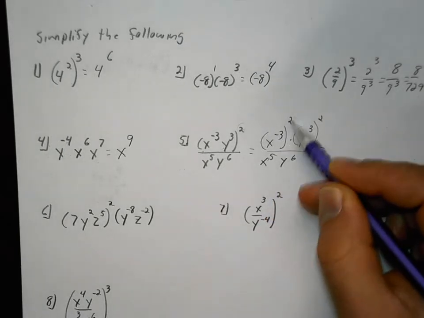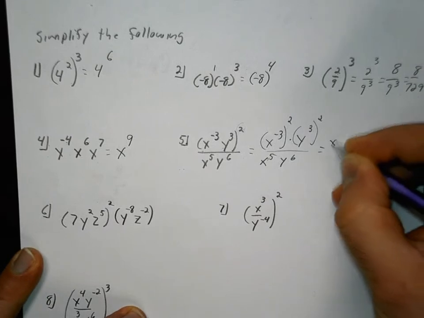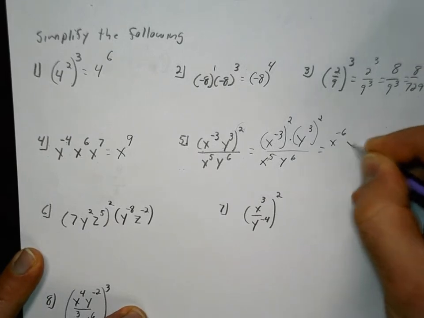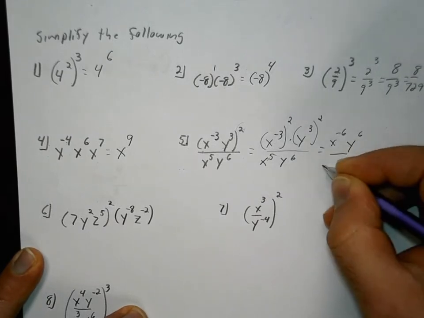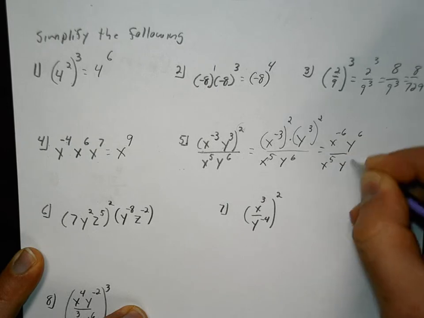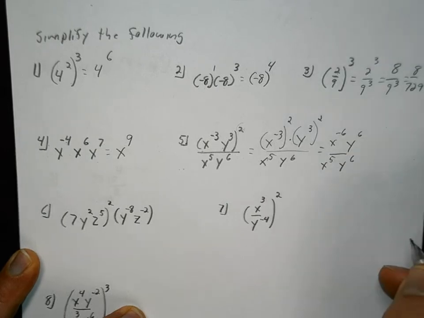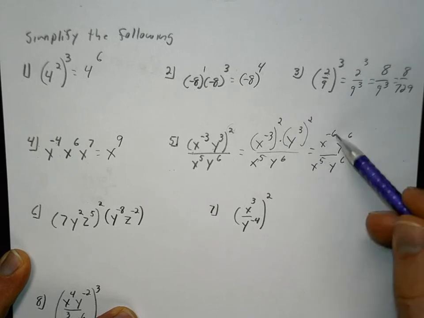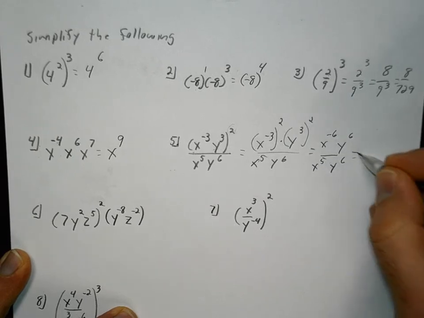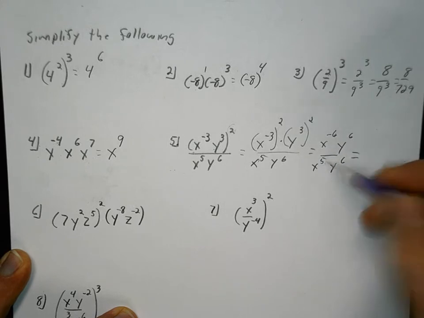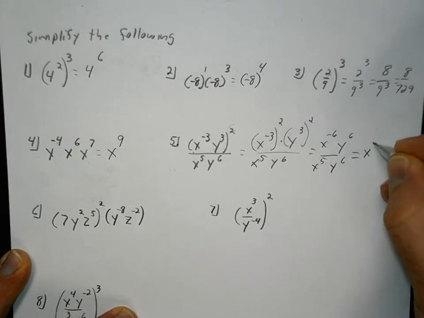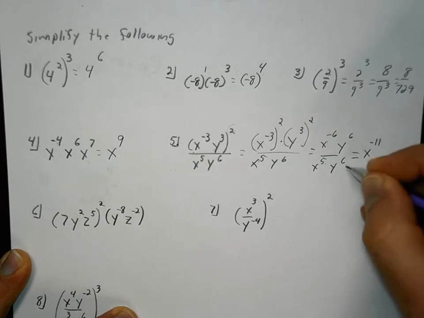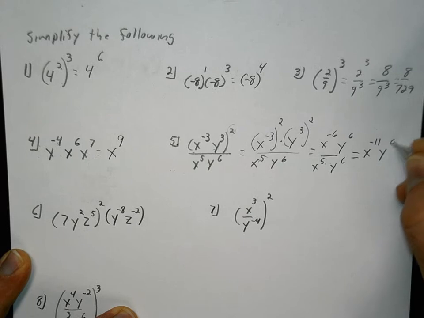Now we have a power to a power, so we multiply those. Okay. Now we have a quotient of powers, so we can subtract those. So we've got to be a little bit careful. So we go negative 6 minus 5 is x to the negative 11. And then 6 minus 6 is 0.